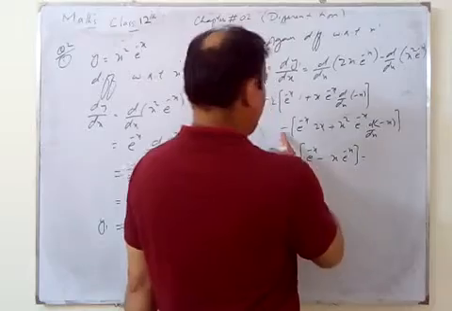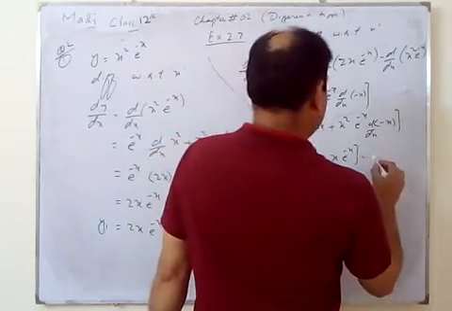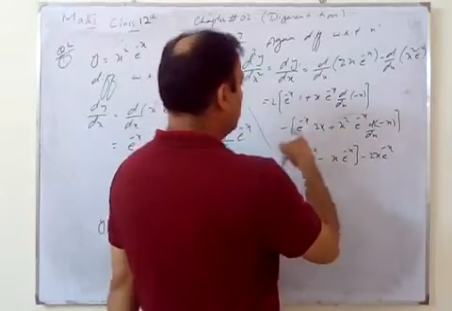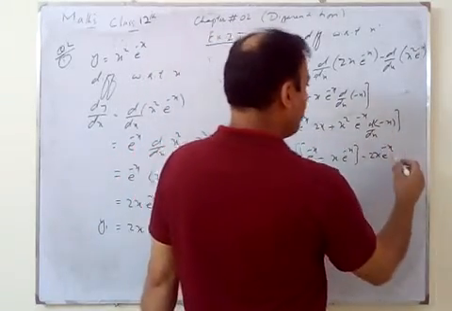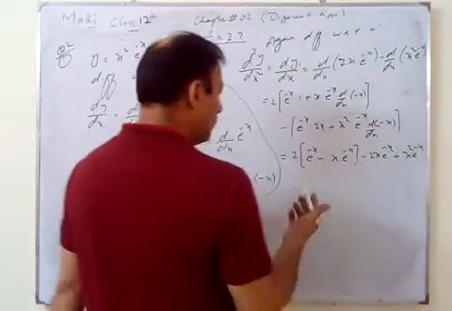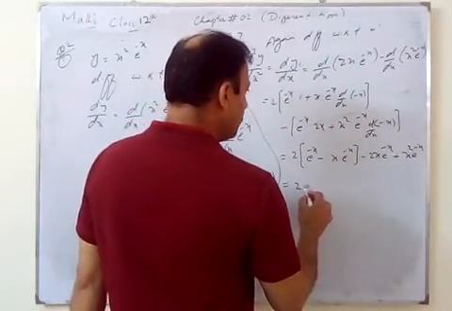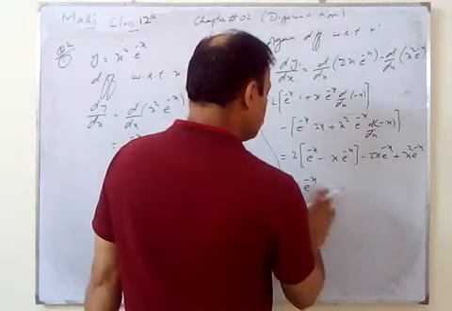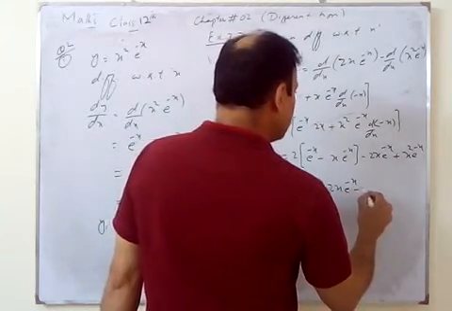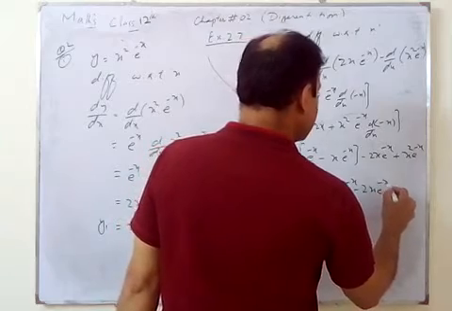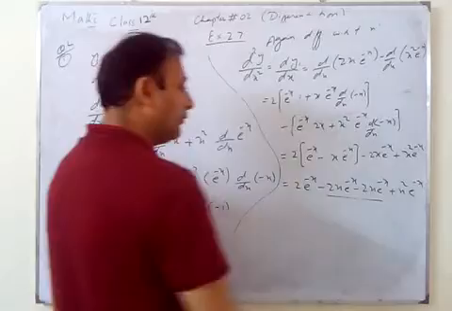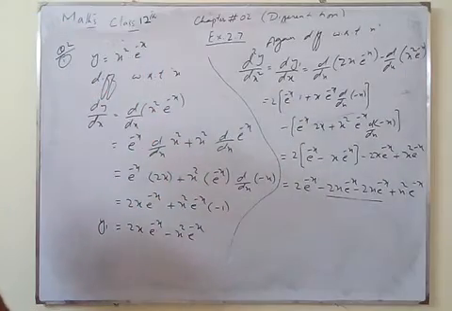So we get 2 e power minus x minus 2x e power minus x minus 2x e power minus x plus x square e power minus x. Open and simplify: both middle terms are the same, so add these values.